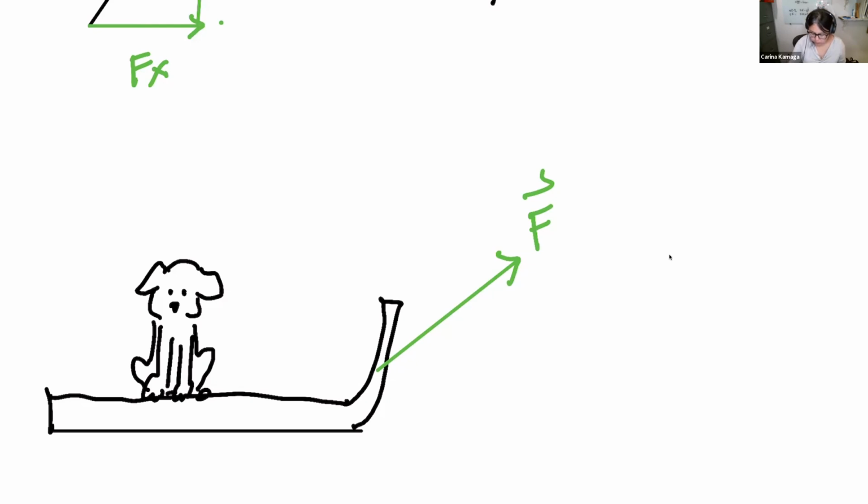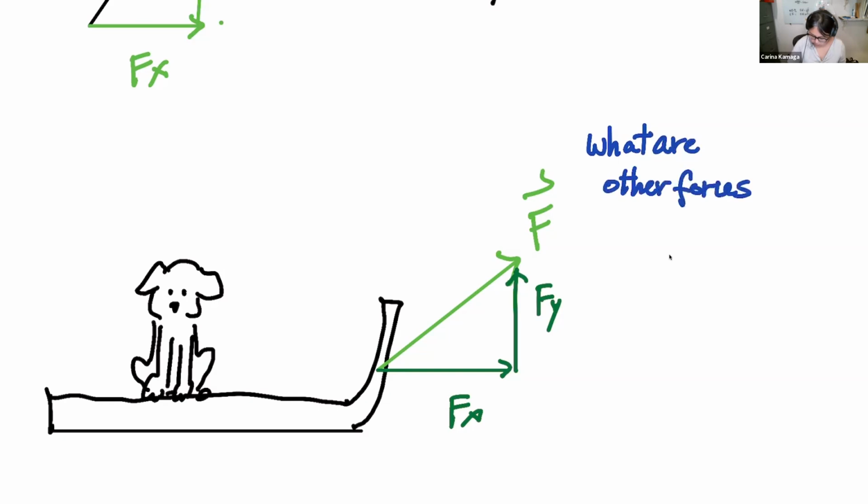We can decompose this F force, the force that's being pulled, into a horizontal component, Fx, and then Fy, right? And so this sled has the pull force from Nellie, F. And then what are the other forces exerted on a sled and a dog?